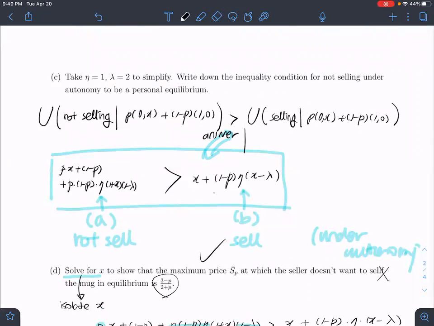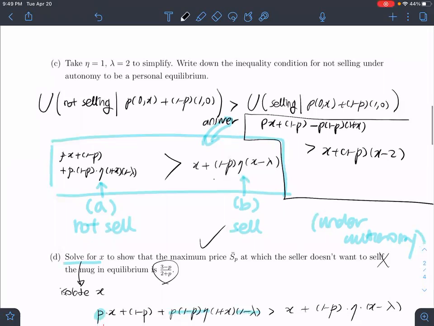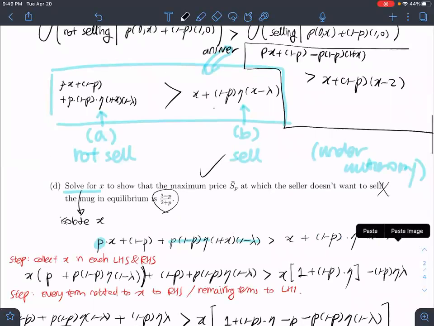So the simpler answer will be px plus (1 minus p) plus p(1 minus p)(1 plus x) greater than x plus (1 minus p)(x minus 2). So if you started with this inequality, it should have been much easier. Okay. Write it here, easier.